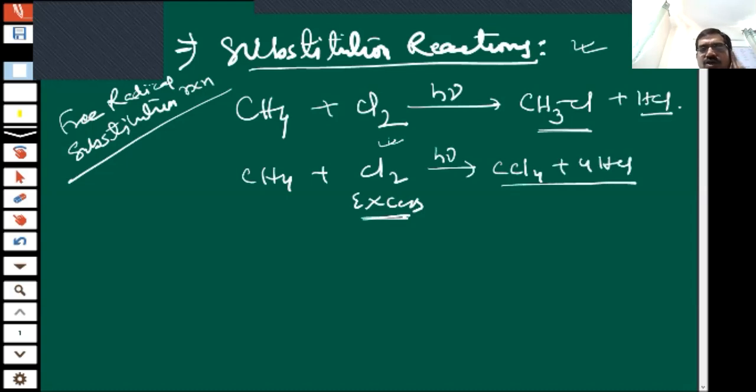It depends upon the quantity of chlorine. This is known as monochlorination. When one halogen per molecule is substituted, it is known as monochlorination. Tetrachlorination, because all hydrogen is replaced. So this type of reaction is also there.